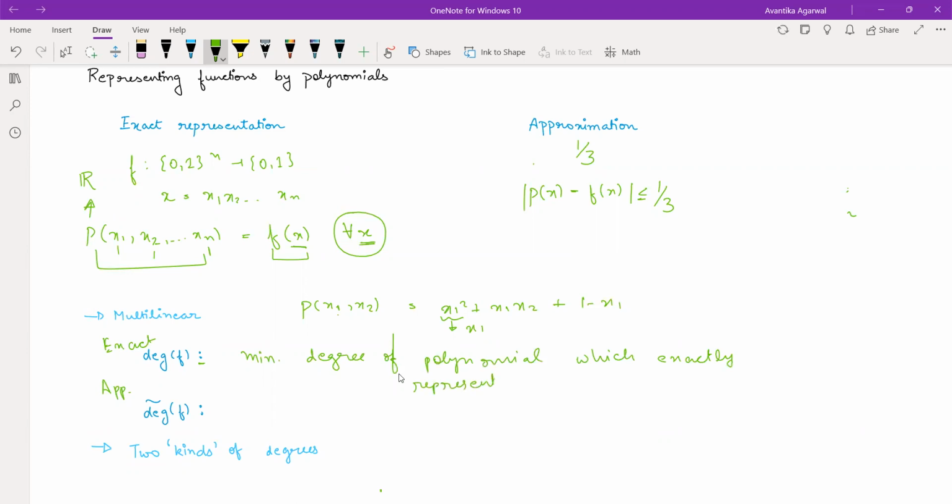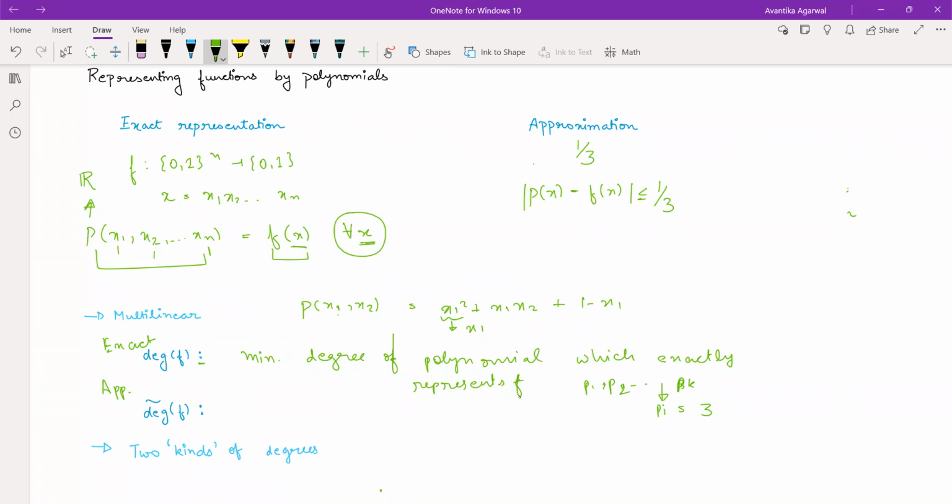There could be multiple polynomials, p1, p2, p3, ..., pk, all of which are equal to f(x) for all inputs x. We take all of these polynomials, and suppose the minimum degree among all of these is some pi, which has degree, say, 3. Then the exact degree of f would be 3. So we take all of the polynomials which represent f and pick the minimum degree among all of those. That is the exact degree of f.